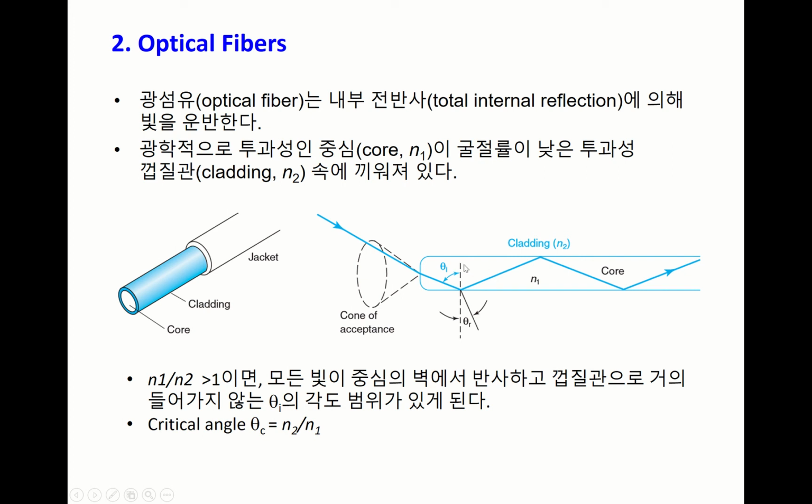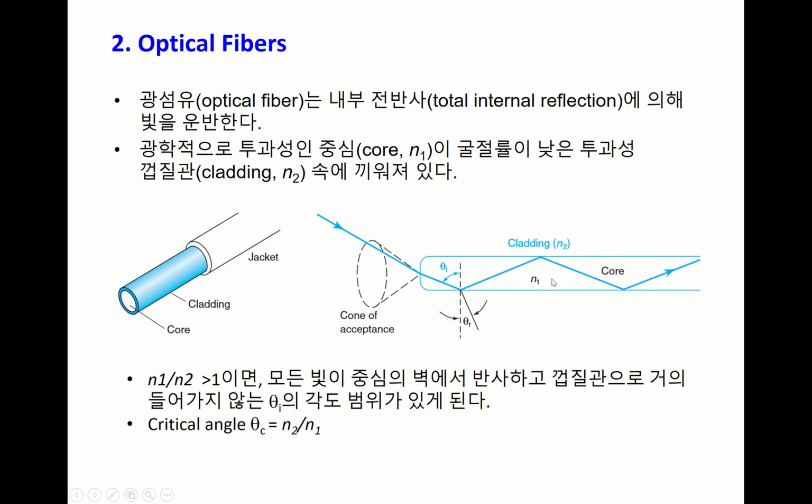Here this is the core, and outside the core there is cladding. Light is coming from this side at a certain angle and hits the interface between the core and the cladding.